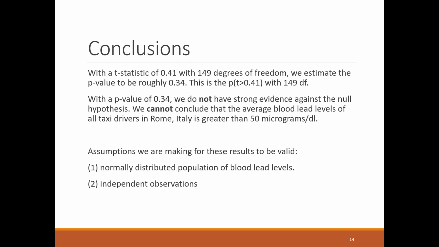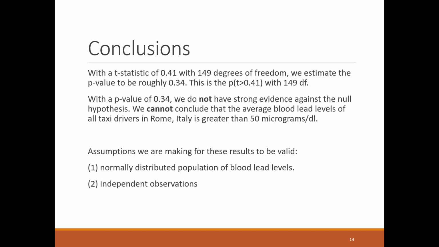So to conclude, with a test statistic of 0.41 with 149 degrees of freedom, we estimate the p-value to be roughly 0.34. This is the probability that t is greater than 0.41 with 149 degrees of freedom. With a p-value of 0.34, we do not have strong evidence against the null hypothesis. We cannot conclude that the average blood lead level of all taxi drivers in Rome, Italy is greater than 50 micrograms per deciliter.